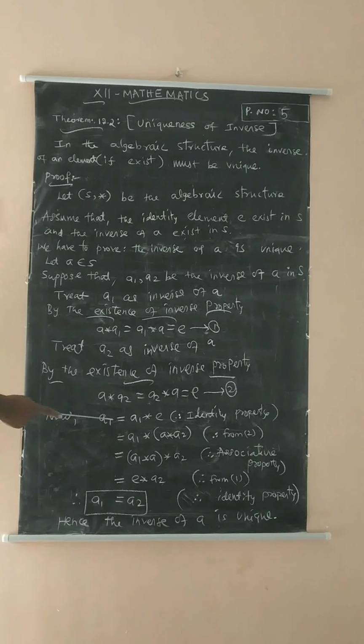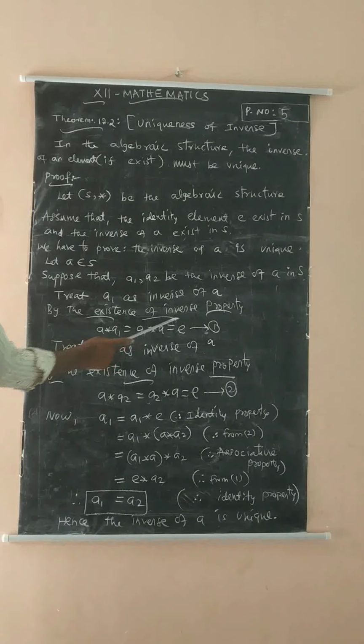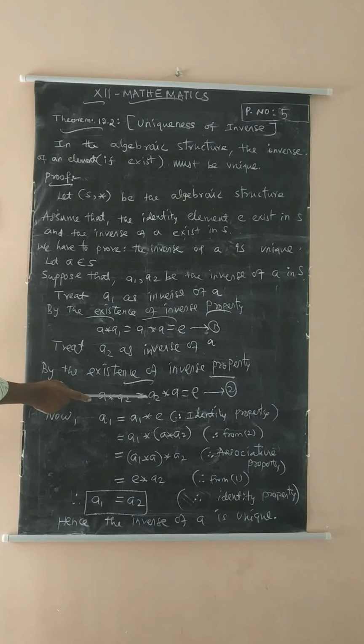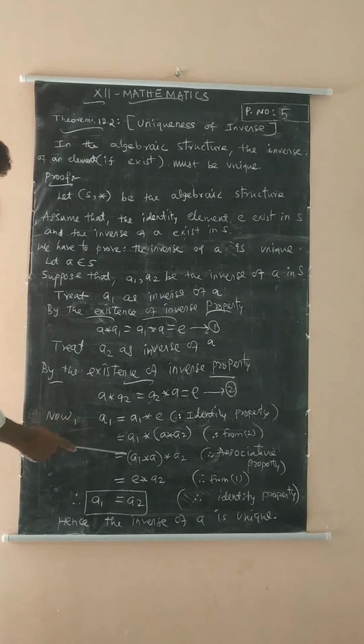Now take A1, which we can write by the identity property as A1 star E. From equation 2, E we can write as A star A2. So A1 star (A star A2).